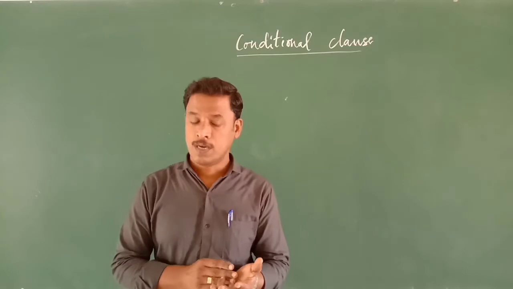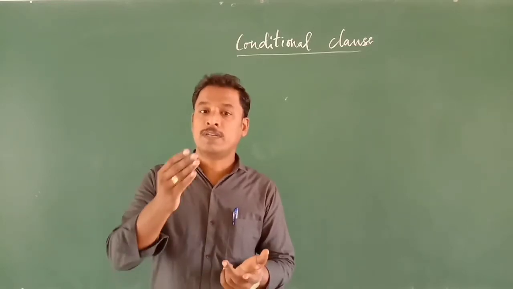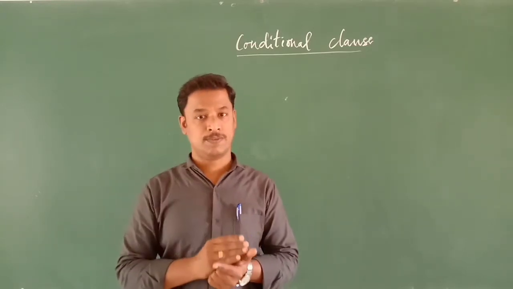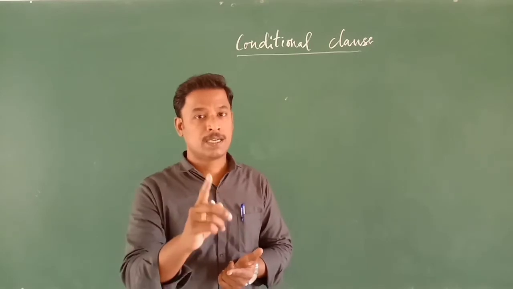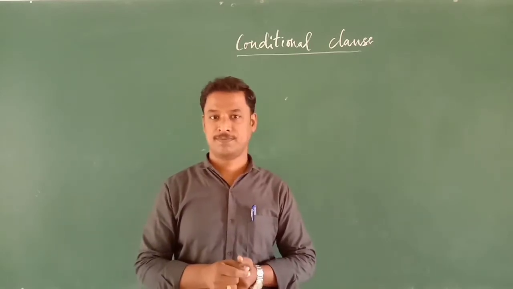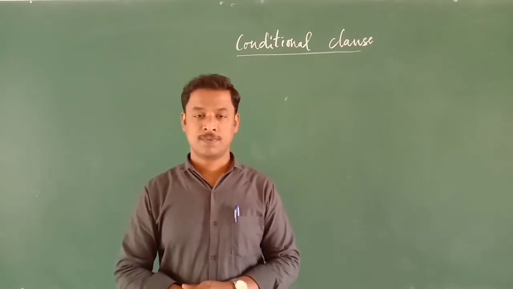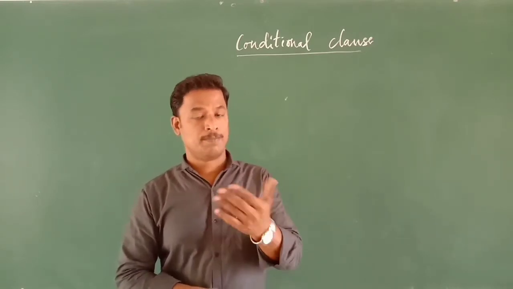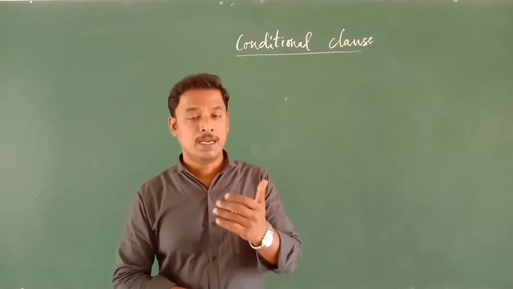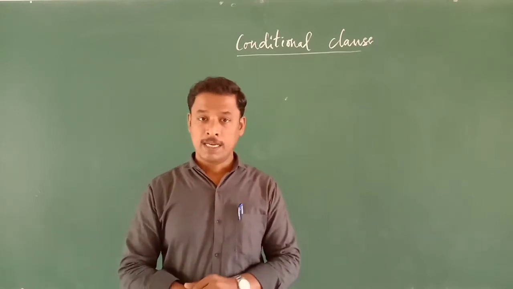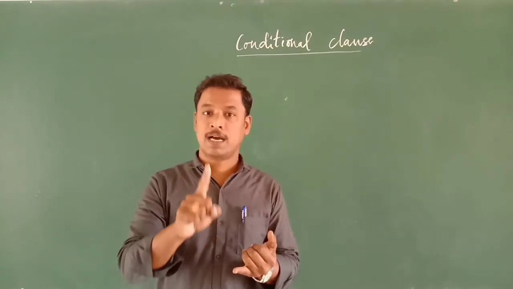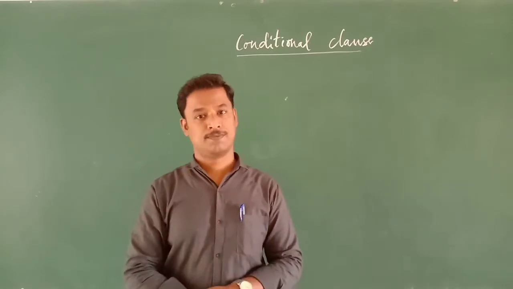Whatever the condition, whatever the rule, or whatever the necessary situation, that must have a result. We need not bother about the result. That result may be a positive one or may be a negative one. But a condition must have a result.